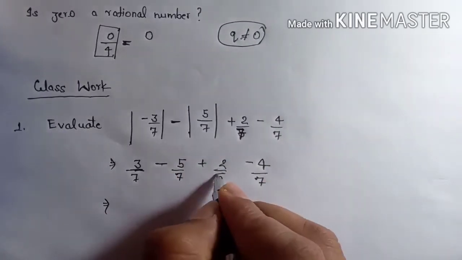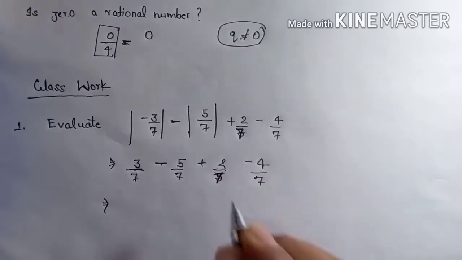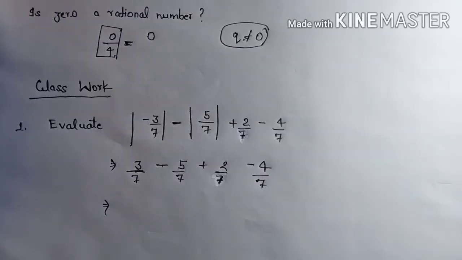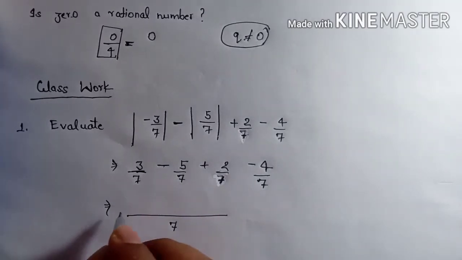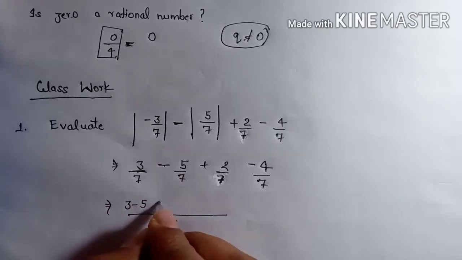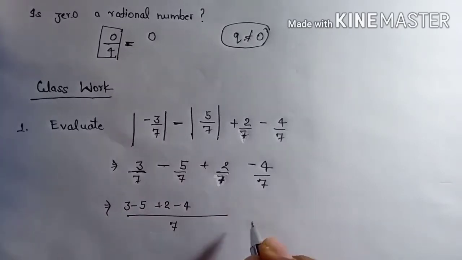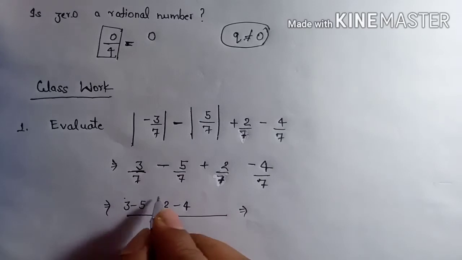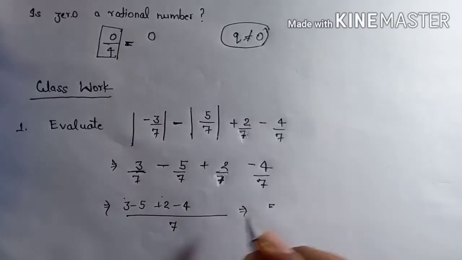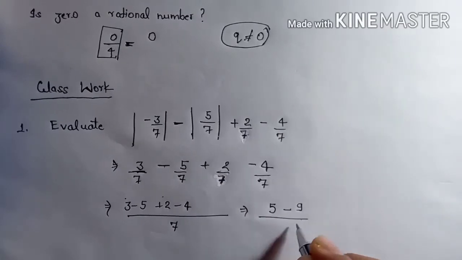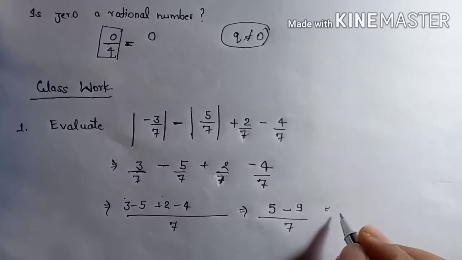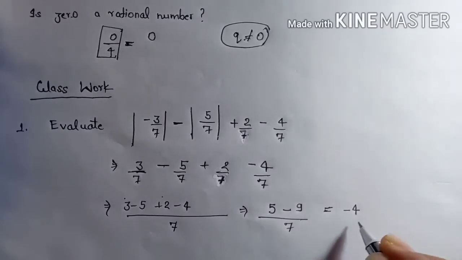It is also 7 there, so write 7. You can see all the fractions have the same denominator, so take it 7. This 3 minus 5 plus 2 minus 4 will give you the result: 3 plus 2 becomes 5, and minus 9 upon 7 gives minus 4 upon 7.